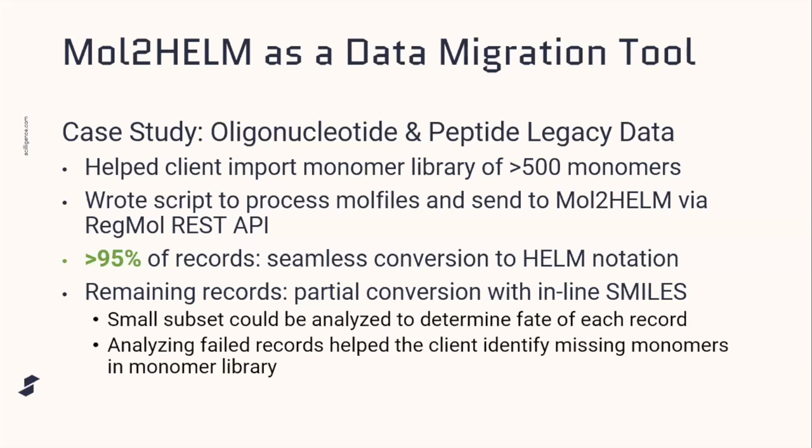So having this small subset that had partial conversion, which is much more manageable than looking at the entire data set of thousands of structures, allowed us to figure out which cases were gaps in Mol2HELM functionality, which cases were missing monomers in the client's library, and which cases were intentionally inline SMILES.